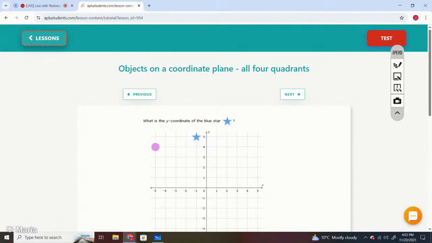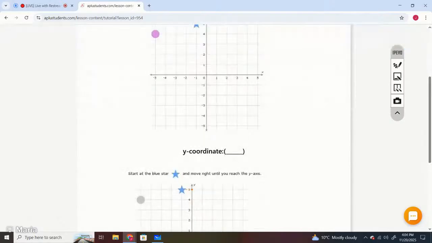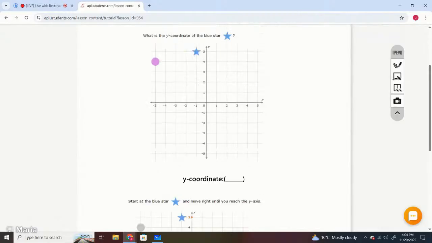What is the y coordinate of the star? The y coordinate of the star is 5. The correct option is 5.